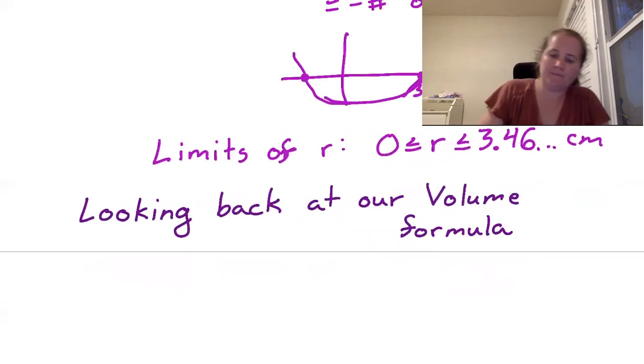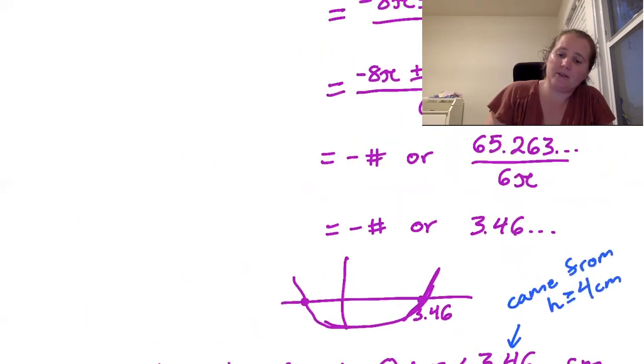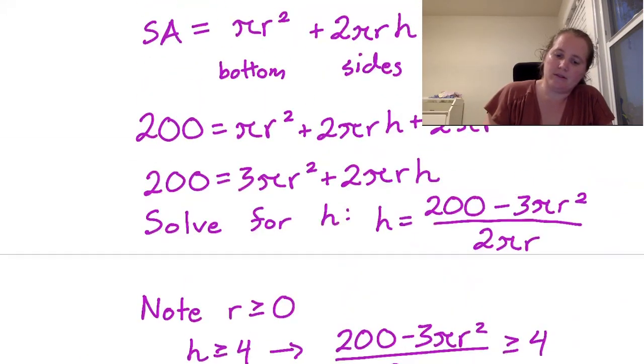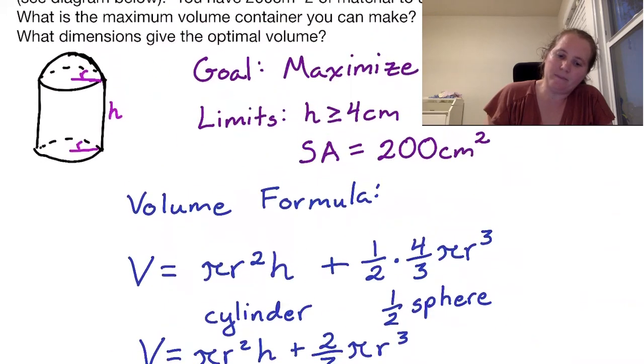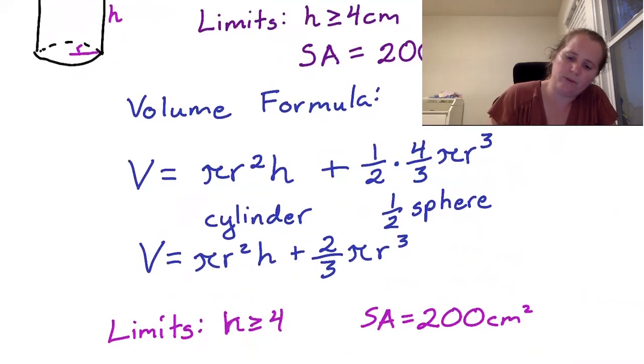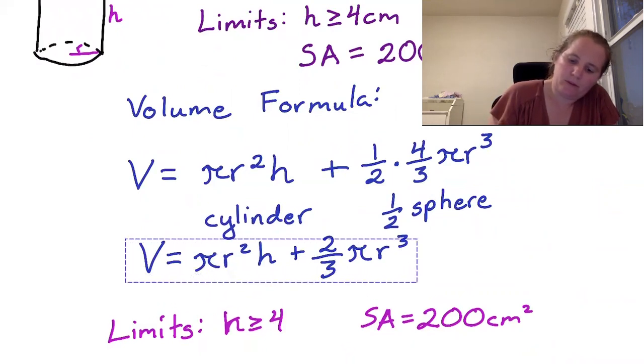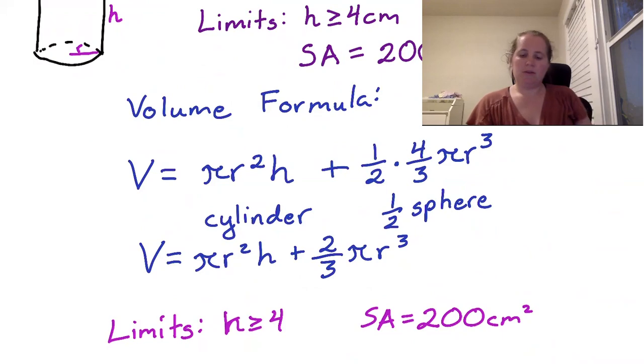So again, I'm just going to copy what we had. The volume formula that we'd worked out, we had volume was equal to pi r squared h plus 2/3 pi r cubed.